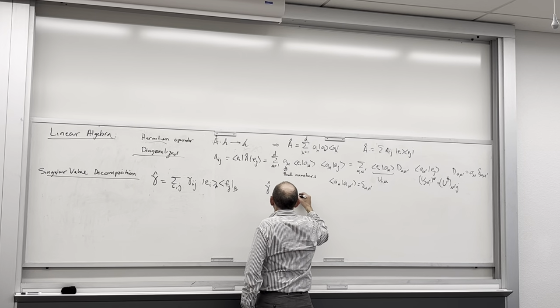This guy is a dB by dB matrix. Right? This guy is also Hermitian. This is a dA by dA matrix. Therefore, I can diagonalize both of these matrices, right?